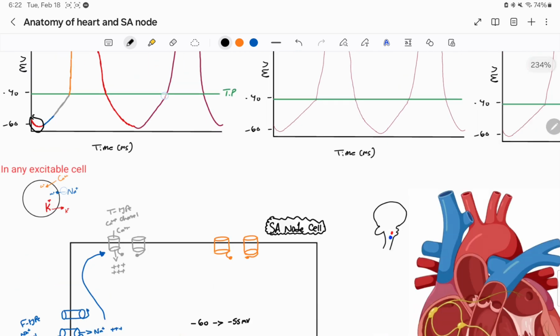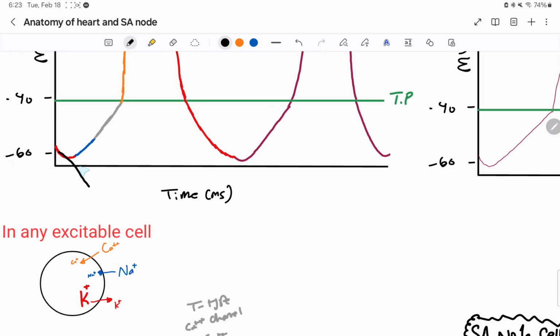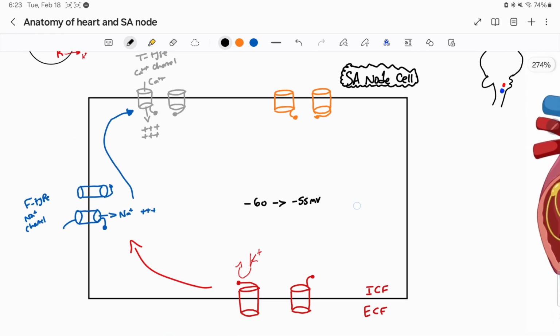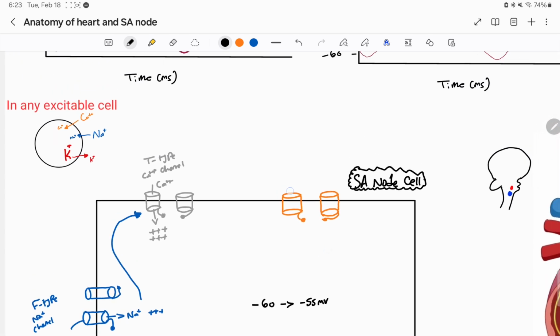If the channel was open, then this line, rather than going back up, would continue to go down because it would make the cell more negative if potassium kept leaving. But you see that this line here starts to increase. That's because this gate closes and potassium no longer can leave the cell. And if that's the case, it stays in the cell and makes the cell a little bit more positive.